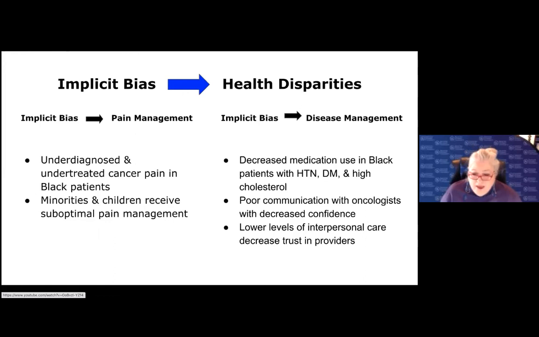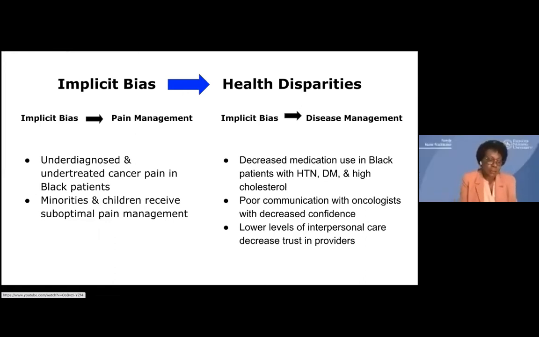Dr. John, would you add anything to that? I would, Dr. Chappell. We've all read an abundance of literature that talks about implicit bias as it relates to pain management and disease management. And you talked a bit about the clients with cancer. And I went a little bit further.